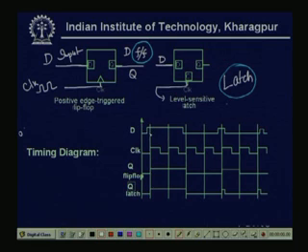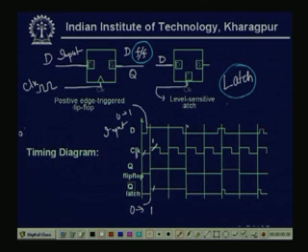Now, again D changes at this position from 0 to 1, the input changes, but the clock here is a level, this is a 1 level, this is 0 level. As it is level sensitive, the latch output becomes 1. So, the latch output becomes 0 to 1.